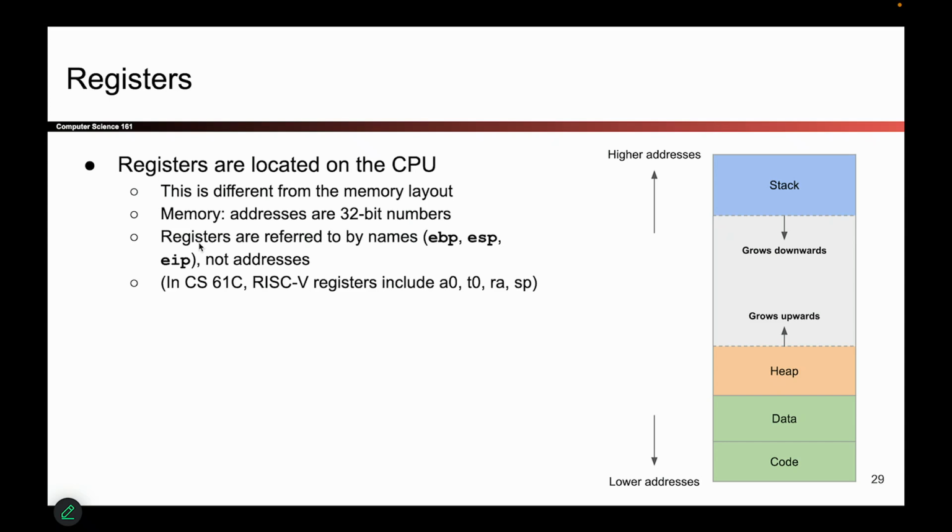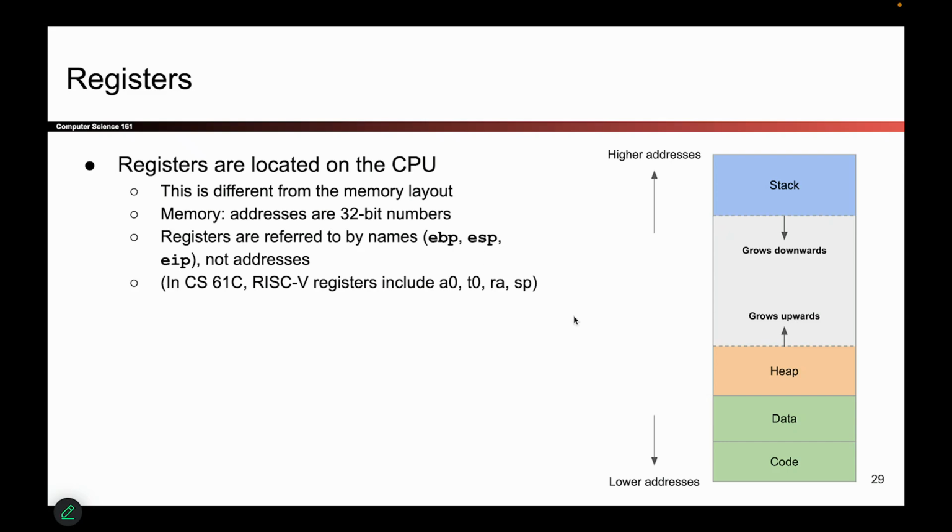And if you want to identify certain registers, registers don't have addresses. You can't say, give me the register at address 5. That makes no sense. Registers are referred to by names. So in 61C, the names we gave to registers were like A0 or SP. In x86, which is what we're using, the registers also have names, but the names look a little bit different. They look like this. You'll have something called EBP or ESP.